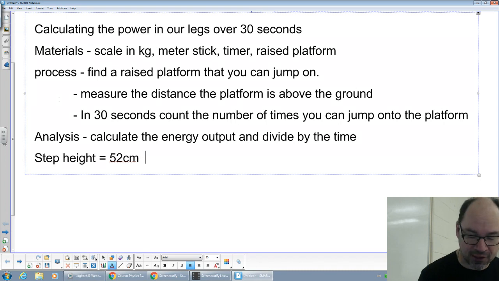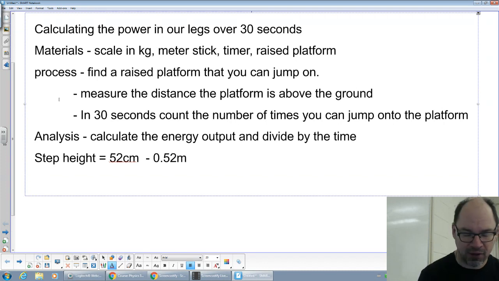So if we change that into meters, that would be 0.52 meters. And let's say that we did 11 jumps in 30 seconds.